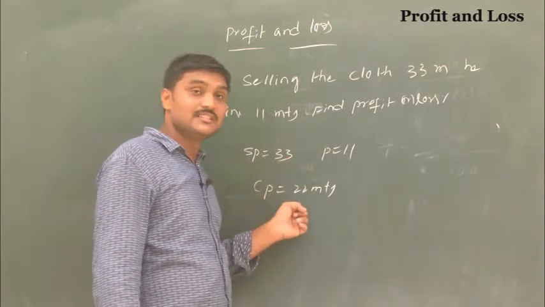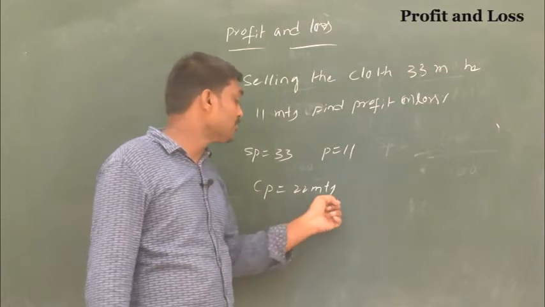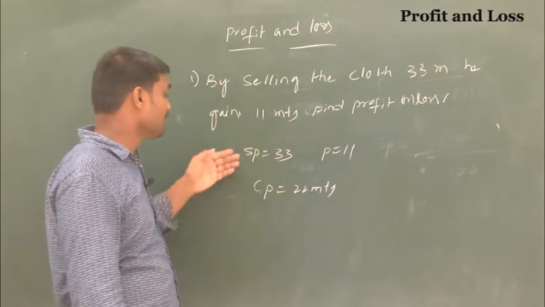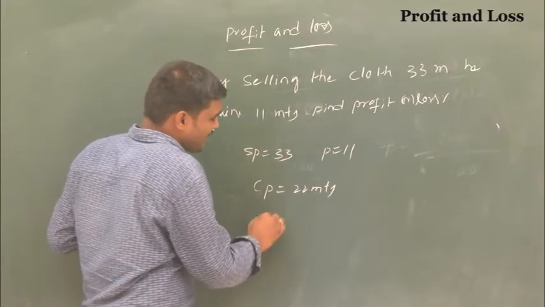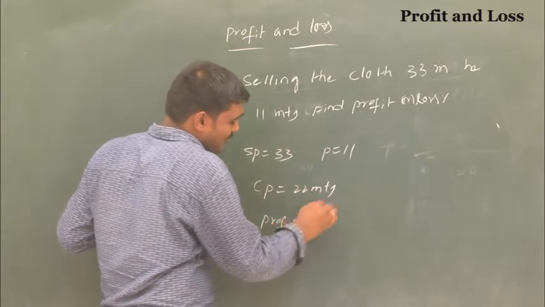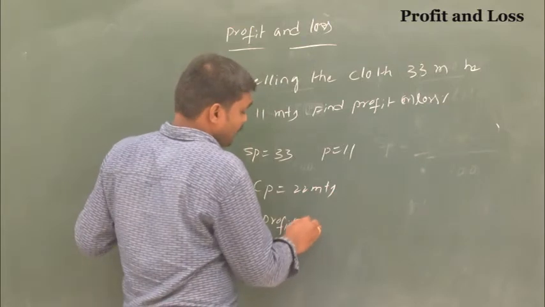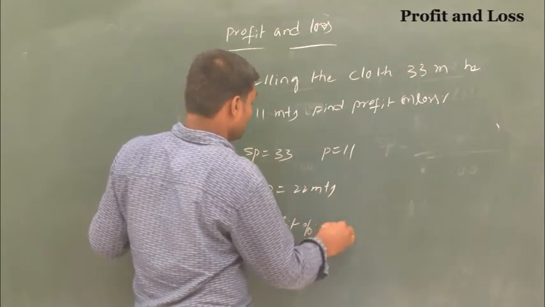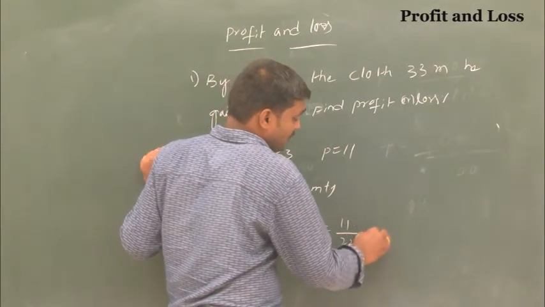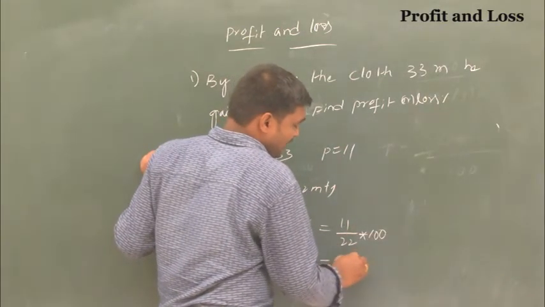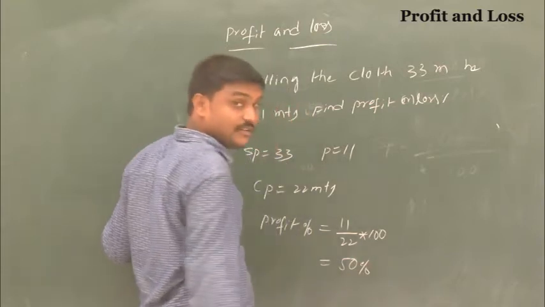So the cost price is 22 meters. Since the profit is 11 meters, profit percentage equals profit by cost price into 100, that is 50%.